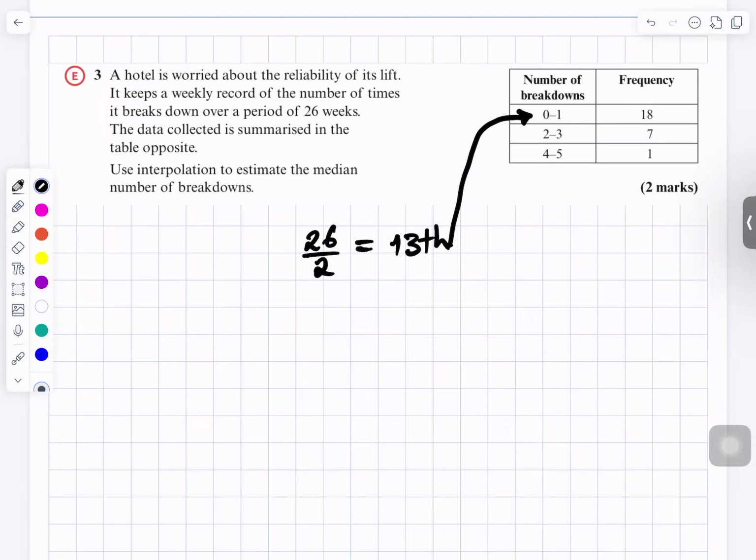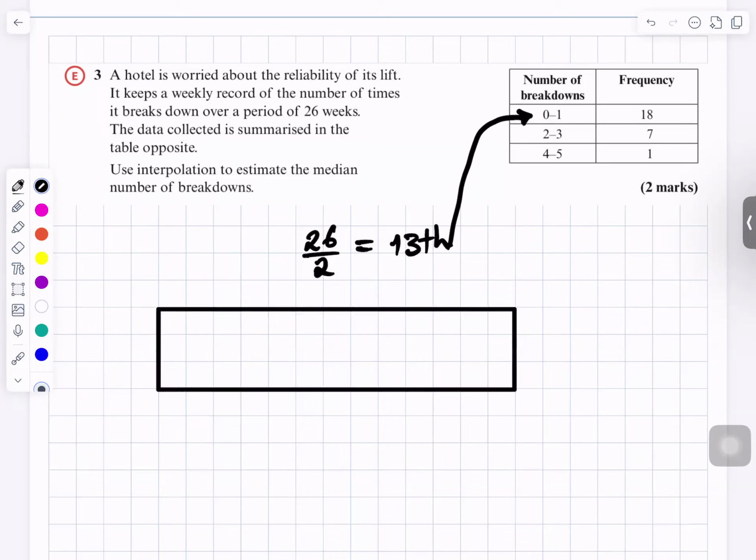And let me draw the class thing there so that we can put the numbers inside. So we have the class starts from 0 and it goes up to, say, 0 up to 1.5, because you can round 1.4 down to 1. Does that make sense?